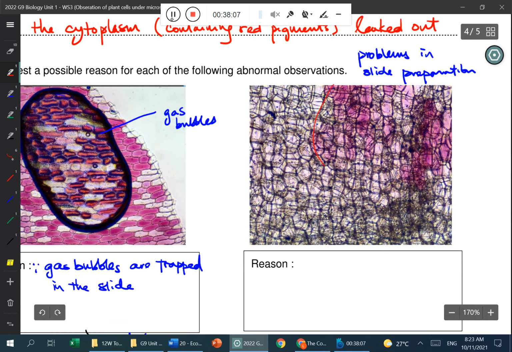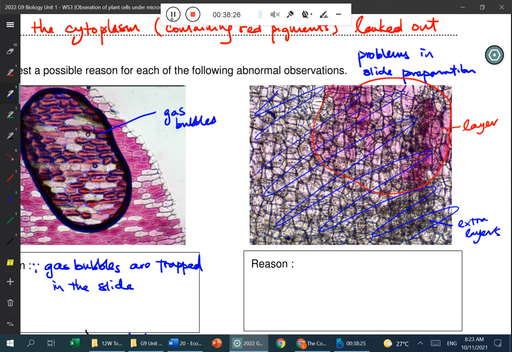So the red area here may be the layer that you want to see, while at the same time it is covered up by extra layers because of the foldings. Those layers are made up of cells as well, agree? So that's why you see all these ugly lines here. They are all extra layers of cells covering up the layer that you want to see.